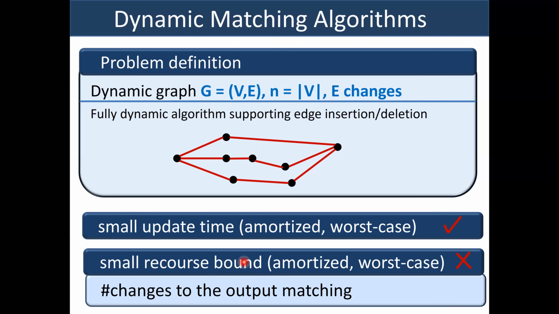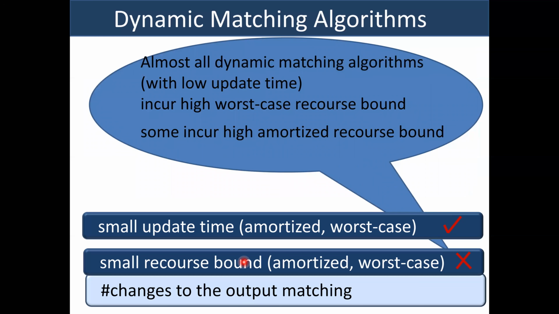And controlling the recourse bound is also important for other reasons, and you can take a look at the paper for more reasons. So we would like to control the recourse bound, and perhaps surprisingly, almost all known dynamic matching algorithms that have a low update time incur a very high worst case recourse bound. And sometimes these algorithms incur a high amortized recourse bound.